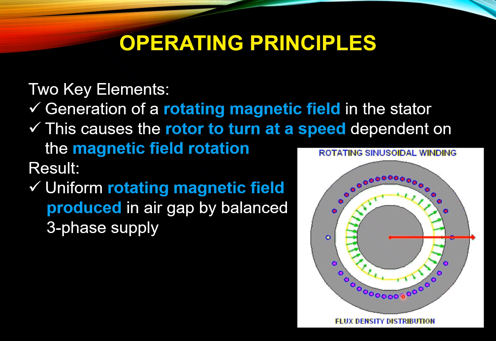The stator will not move, but the rotating magnetic field inside will make the rotor spin at a speed. As a result, we can have a uniform rotating magnetic field produced in the air gap by a balanced three-phase supply.